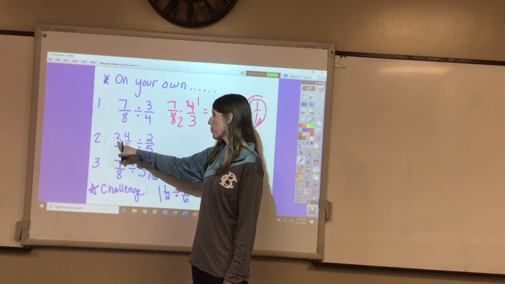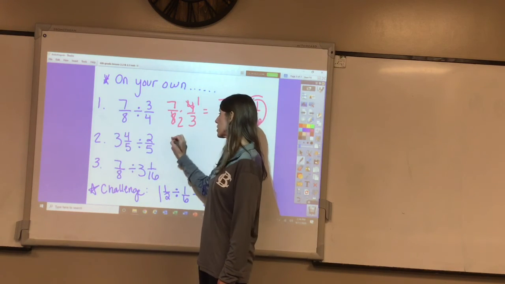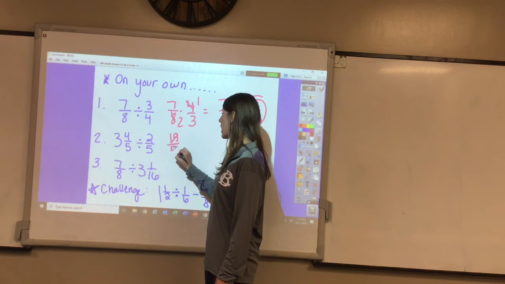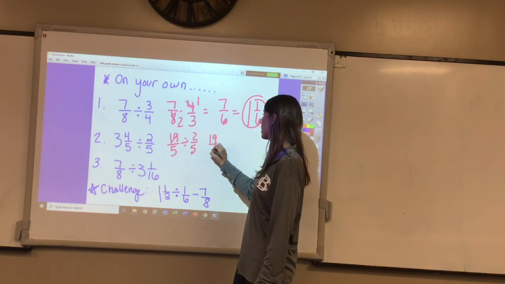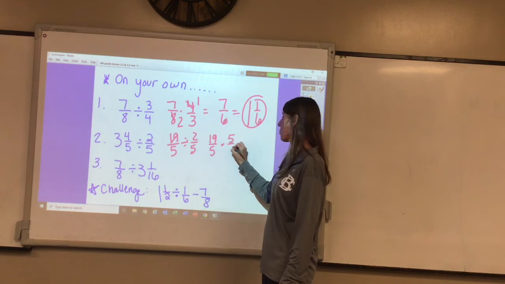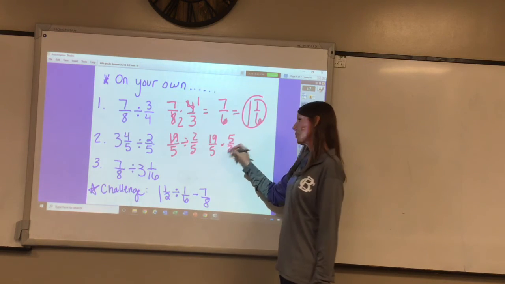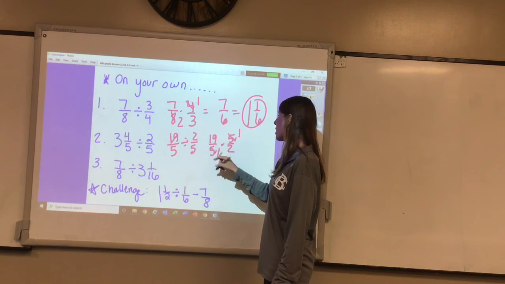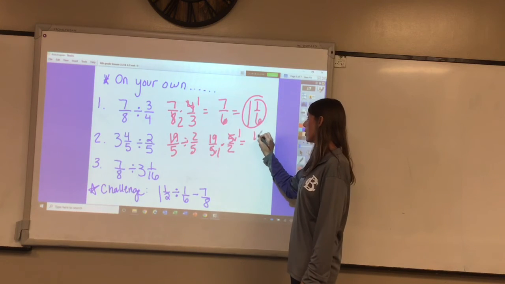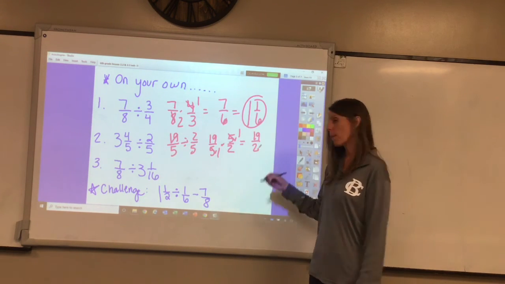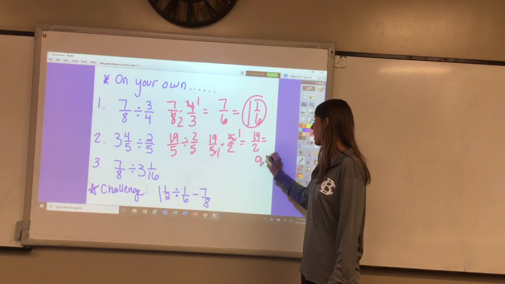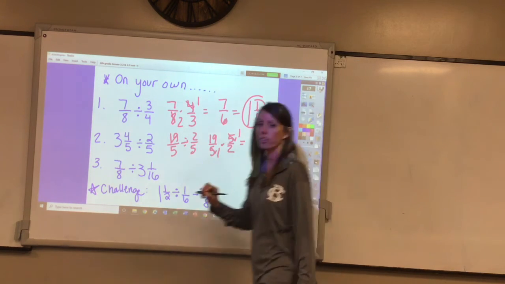We want to make this improper. 3 times 5 is 15, plus 4 is 19. So I have 19 over 5 divided by 2/5. Now I'm ready to keep, change, flip. Remember, when you have the same number, you can cross them out and make them 1s. There's nothing I can do with 19 and 2, so I don't do anything but go across the top and bottom. 19 over 2 is improper, so we should have gotten 9 and a half for that one.